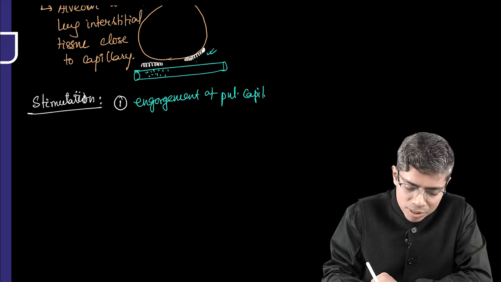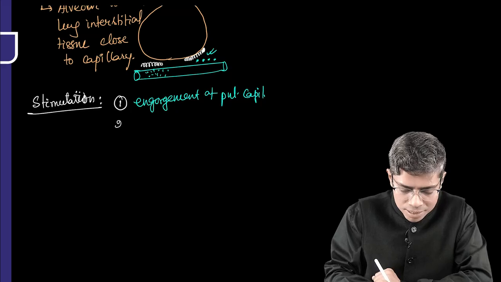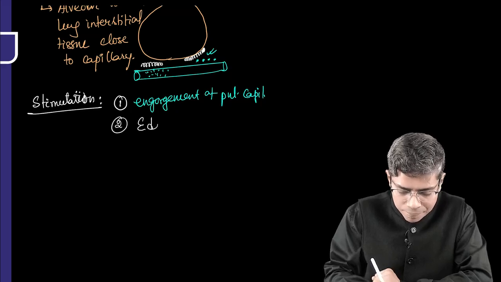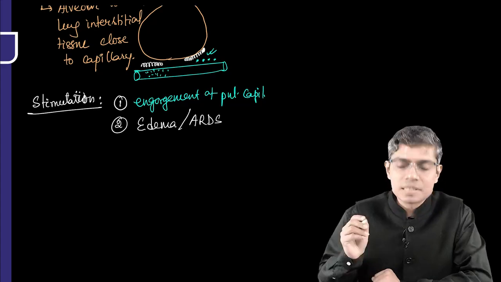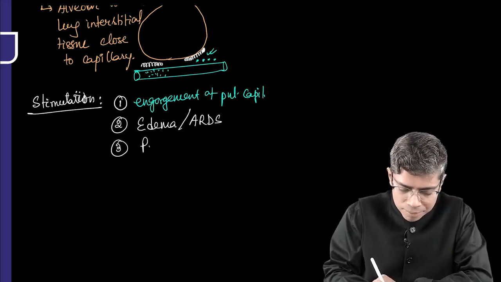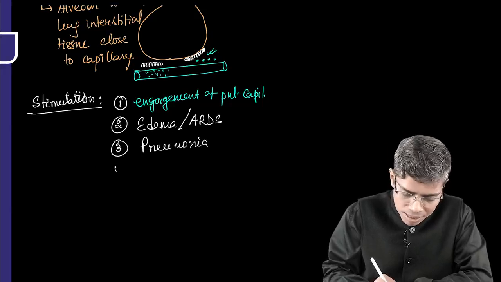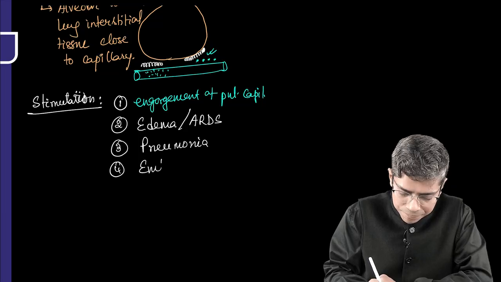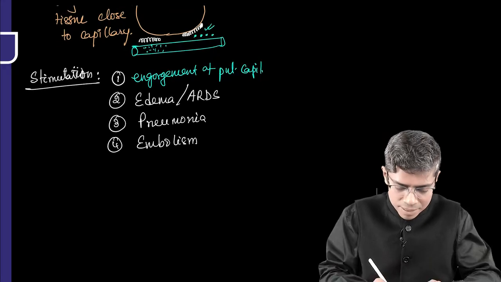Or there may be accumulation of water at the level of lung interstitial tissue, so that is edema, or ARDS, then also this receptor will be activated. Or suppose there is pneumonia, or if there is embolism, then also this receptor will be activated.